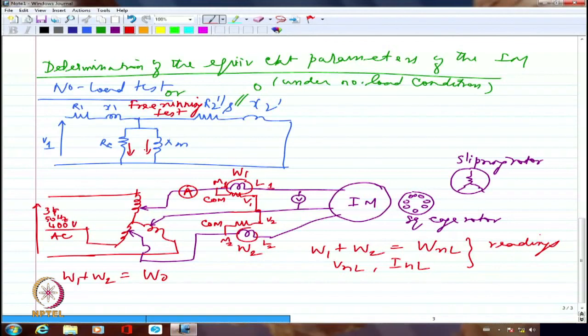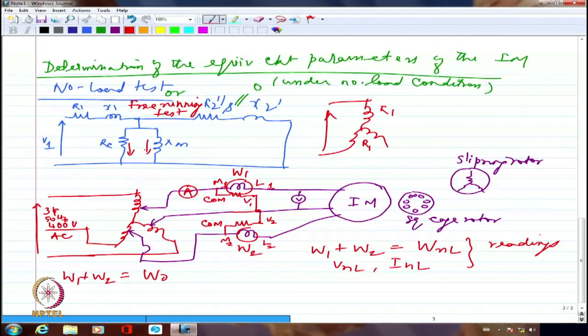If it is star connected, it will come out to be R1 plus R1, because 2 of them will come in series. So whatever I get as the multimeter resistance, I have to divide that by 2 if it is a star connected induction motor.